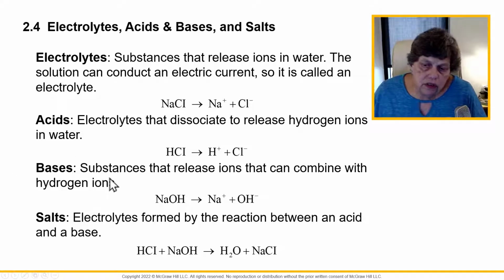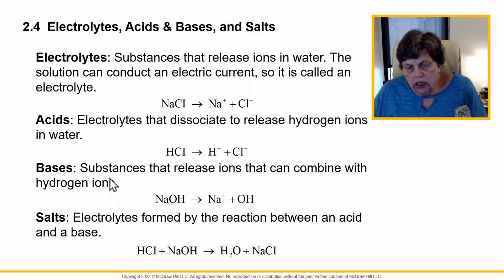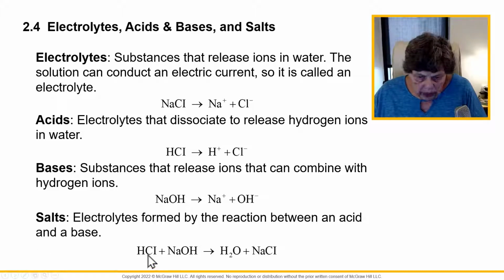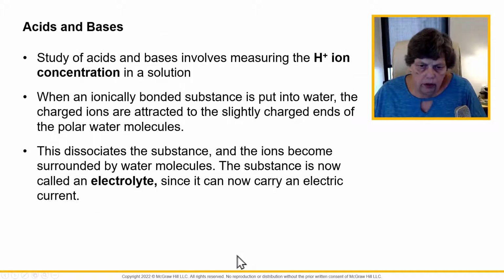Bases are substances that release ions that can combine with these. All right, and a salt is formed when you take these electrolytes and you get this interaction between an acid and a base, hydrochloric acid, sodium hydroxide. You get salt and water.